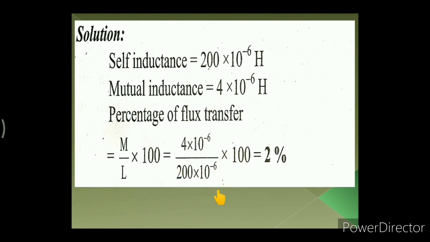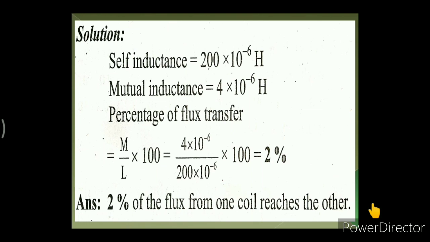When we calculate this value, we get 2%. That means here we can write the final answer: the percentage of the flux from one coil that reaches the other coil is 2%. That means 2% of the flux from one coil reaches the other.